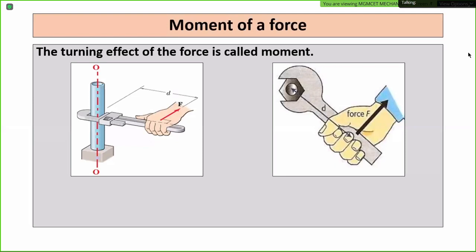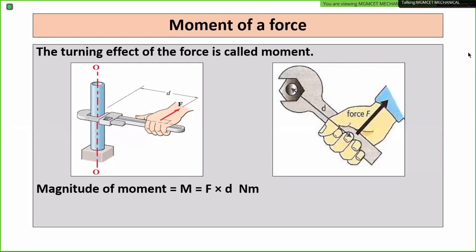Spanner we are fixing and you are applying the force F at some distance D, right? In both the figures, due to the application of the force, the body tends to rotate about a certain fixed point O, right? And that point O is called moment center.